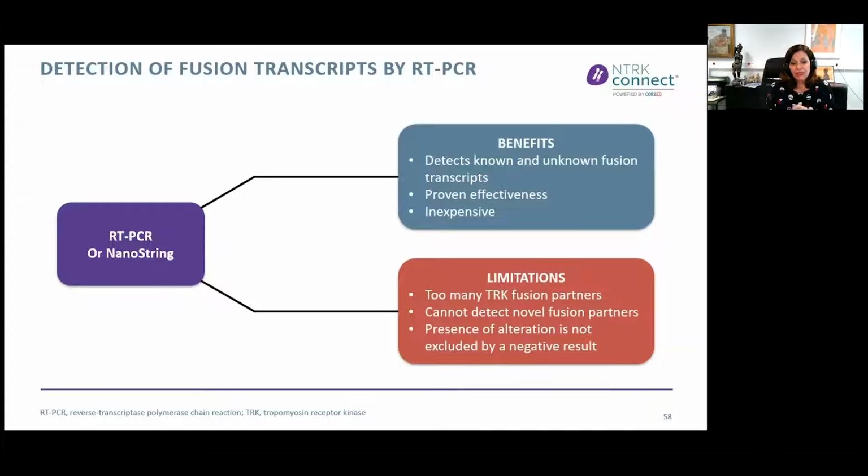And this means that if we have a negative result with RT-PCR, we cannot exclude that we have a TRK fusion. So it's okay if we look, for instance, at ETV6 and NTRK3, something very specific. Otherwise, we have a high risk of missing patients.